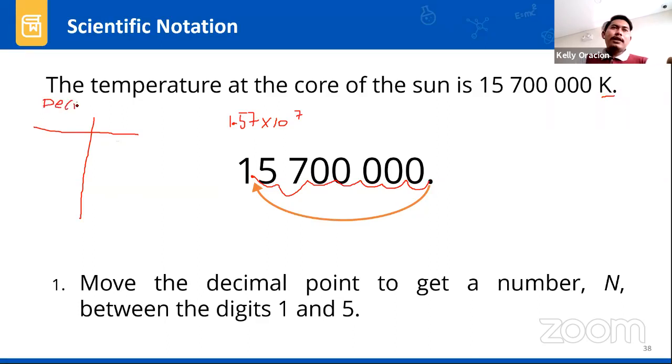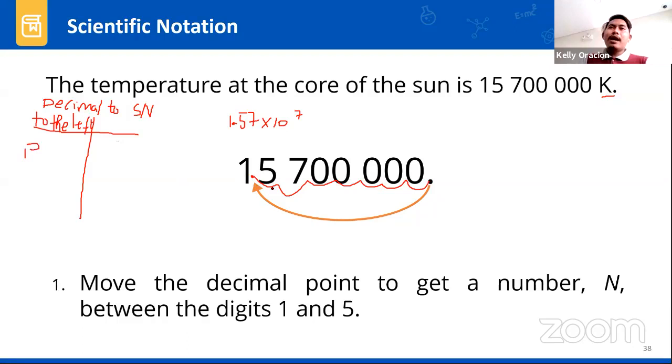When we move the decimal point to the left, the exponent is positive.